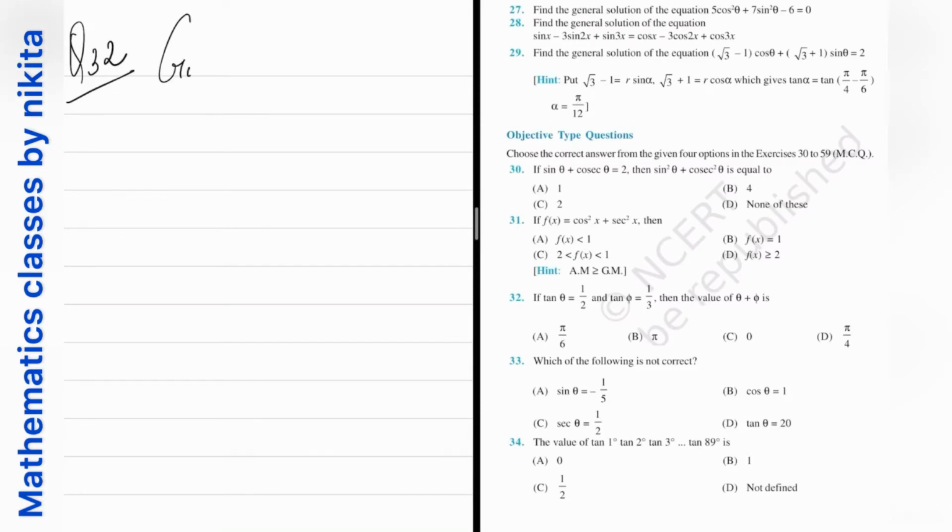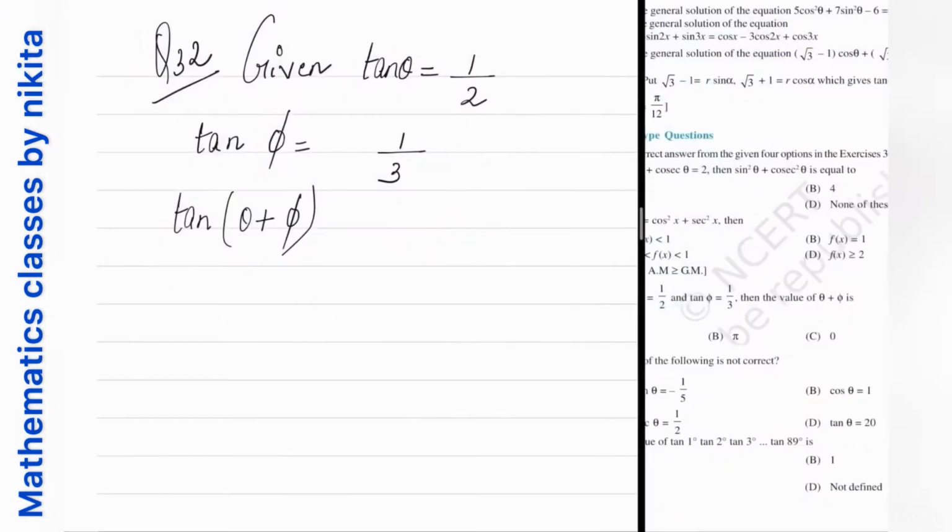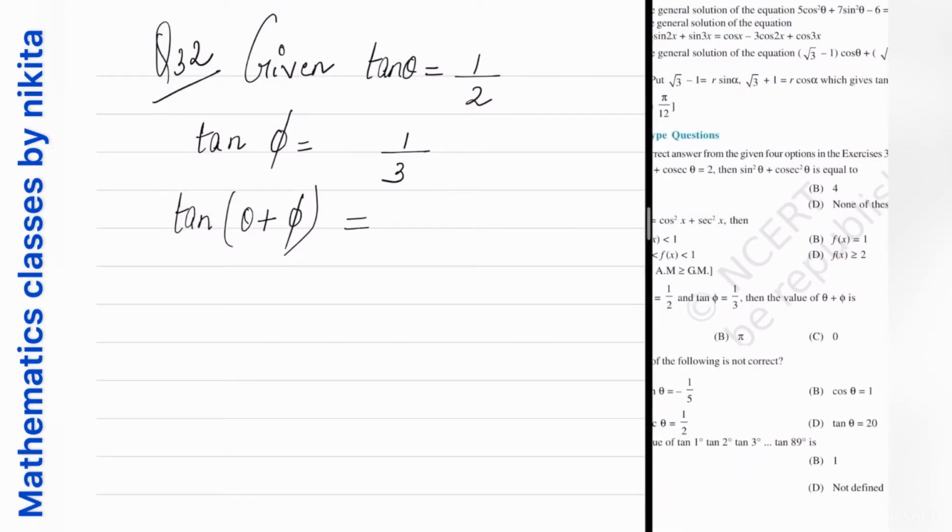Given is that tan theta is equal to half and tan of phi is equal to 1 by 3. Okay, so consider tan of theta plus phi, because from what is given, I can find tan of theta plus phi, and the formula of tan of a plus b is tan a plus tan b divided by 1 minus tan a into tan b.